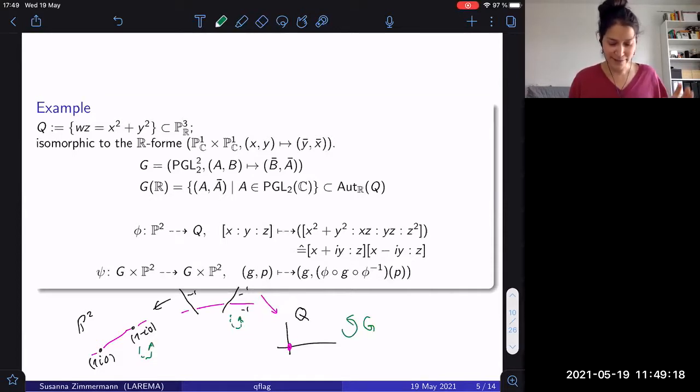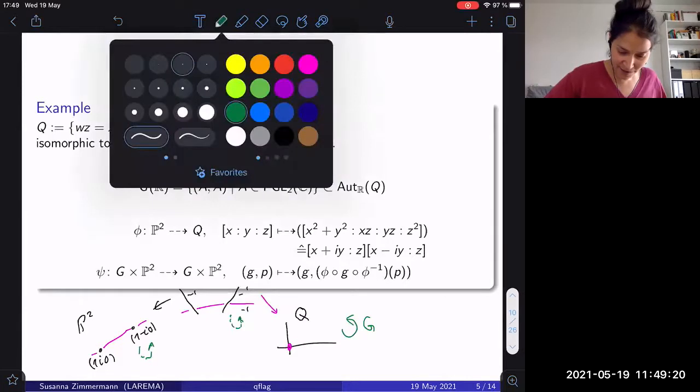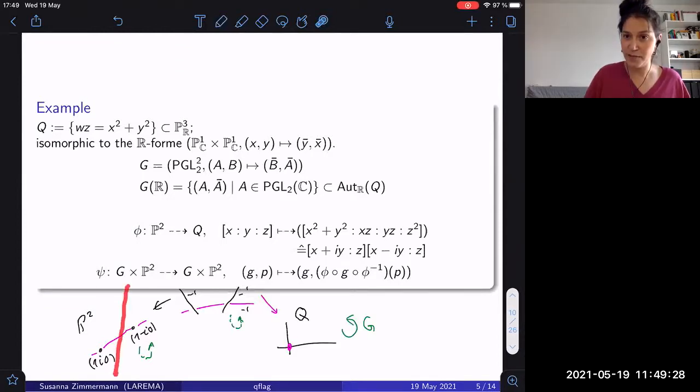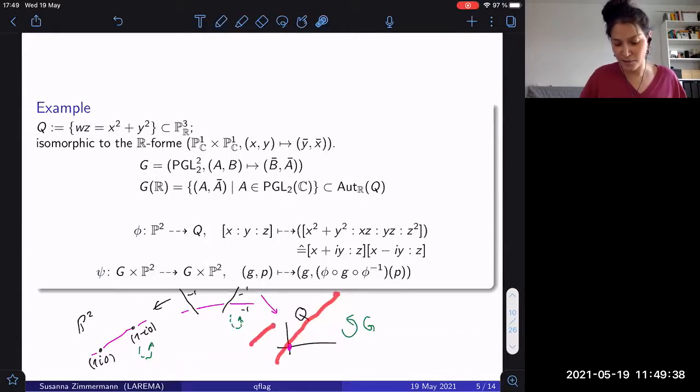And right, so you can check that if you take some random line in here, you look at its image, somehow it's going to be a -1 curve in Q. And then I move it with my G somewhere else and I go back.